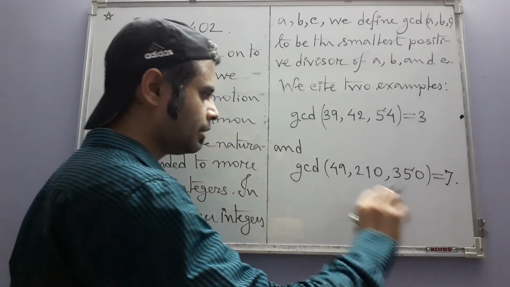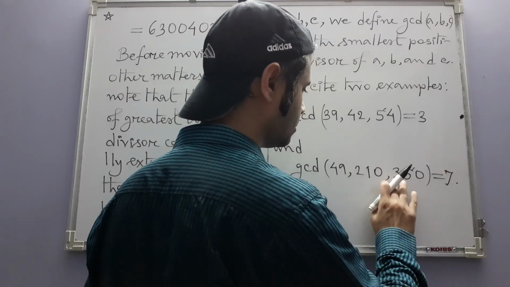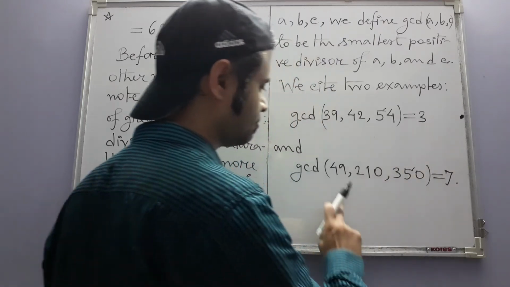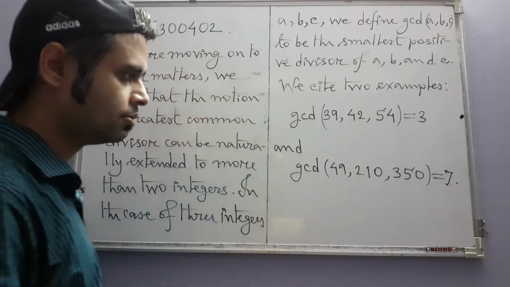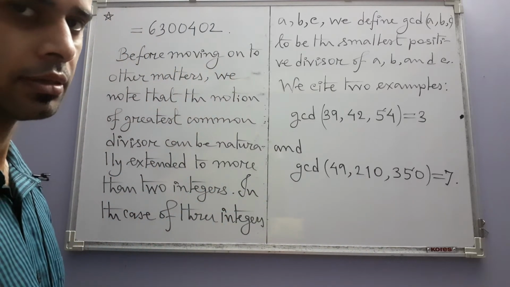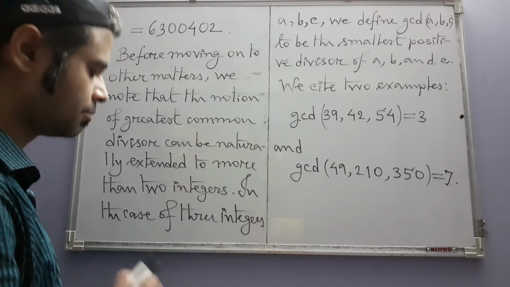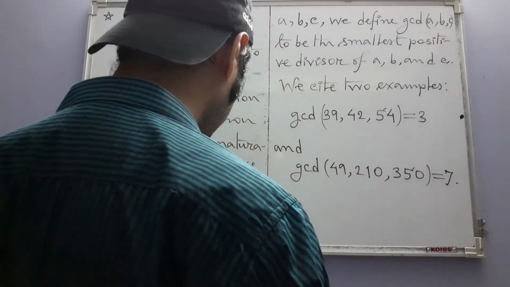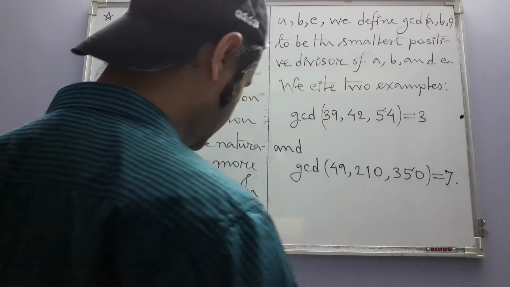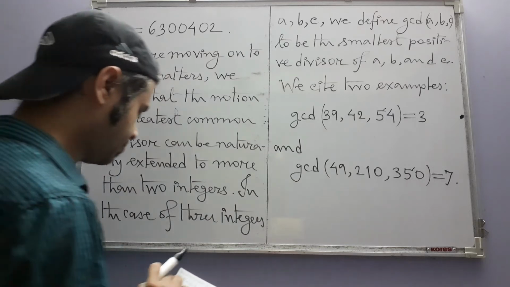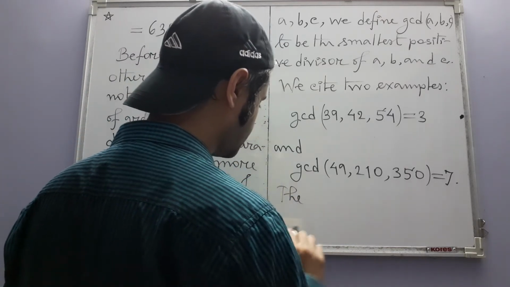So while quickly calculating things, you entirely disregard this 350 and you end up calculating the GCD of only these two. That may be a different answer, and that anyway is not this GCD, so be careful about that. The reader is cautioned.